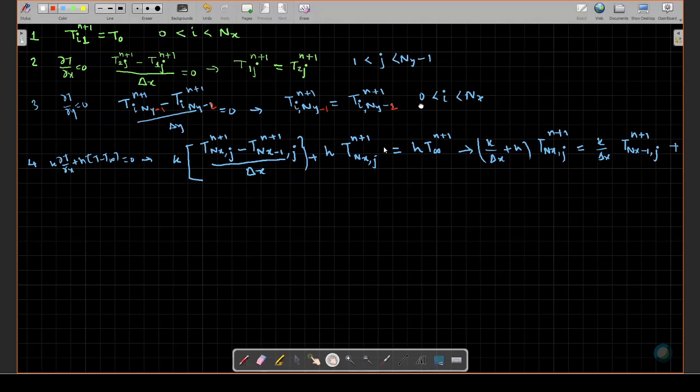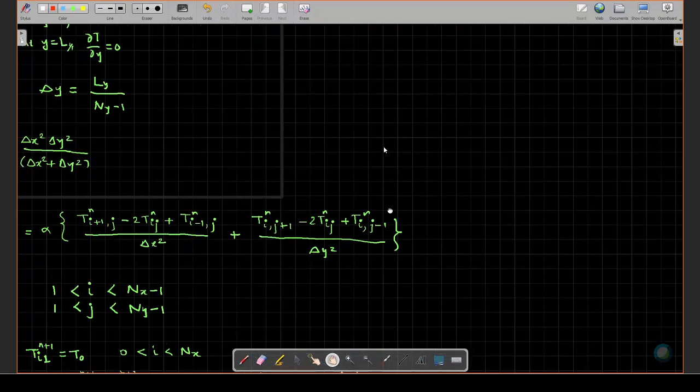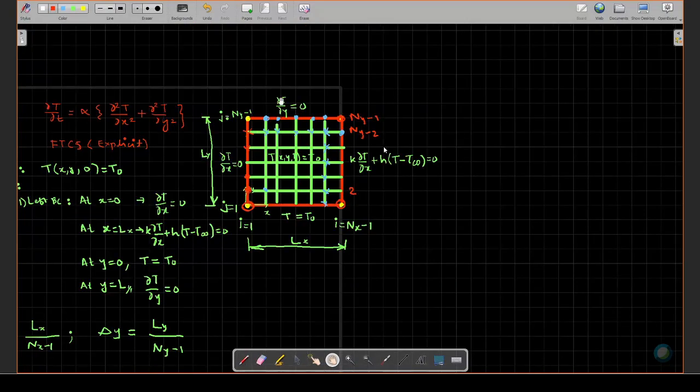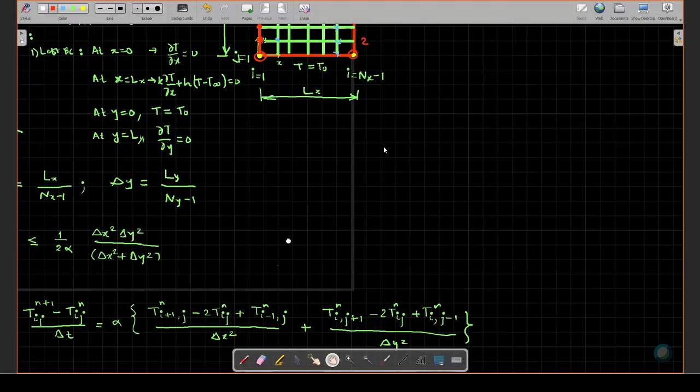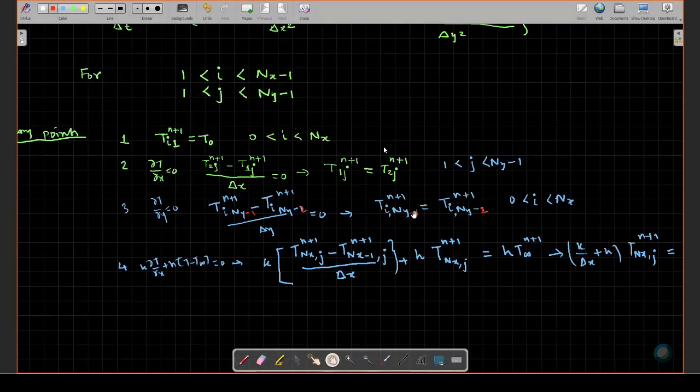So with respect to that, this is ny minus 1, ny minus 2. So dT by dx, dT by dy: T ny minus 1 minus T ny minus 2, divided by delta y. That has to be there. So this is a boundary point.